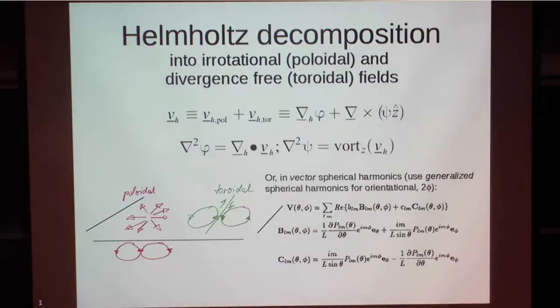Toroidal velocities are the ones that have spin only. They're irrotational. You can write it down like this. There's two potentials. This one, you take the curl. There's no spinning. This is 0. Here there are no sources. If you look inside, the poloidal flow, that's associated with moving hot stuff up and cold stuff down.